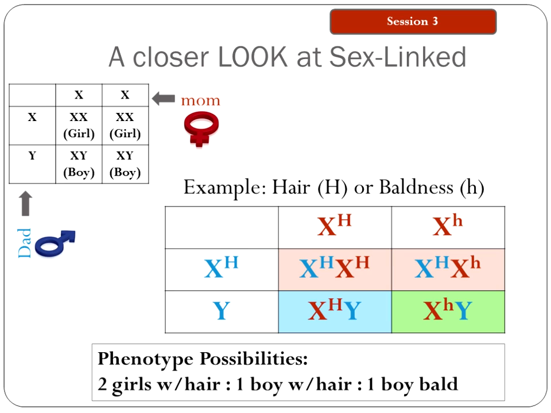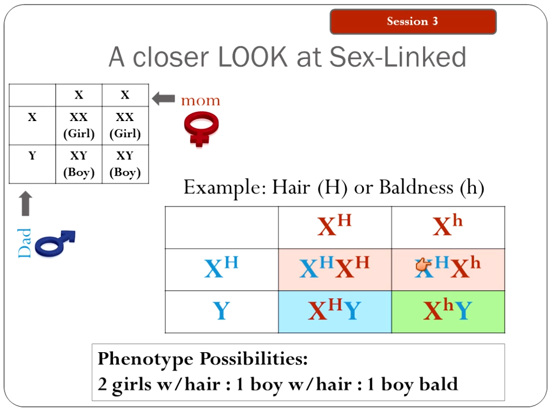Or we can have this X from dad come together with the other X from mom to get 1 X with the normal gene and 1 X with the bald gene. But again, it's still a girl who's going to show normal hair, because that normal hair is dominant. It's going to hide the baldness gene. So the girl won't have any baldness. So see how she's able to hide it? Because she's got a second X to overpower it. She's got that dominant X that can overpower it.